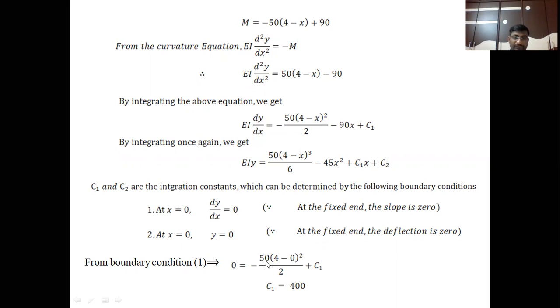Clear, students? So minus 50 by 2 is minus 25, into 4 square 16, minus 25 into 16 is 400, minus 400 on this side. If you take it to the left hand side, C1 is equal to 400. Upon substitution of the first boundary condition, we get the first integration constant.